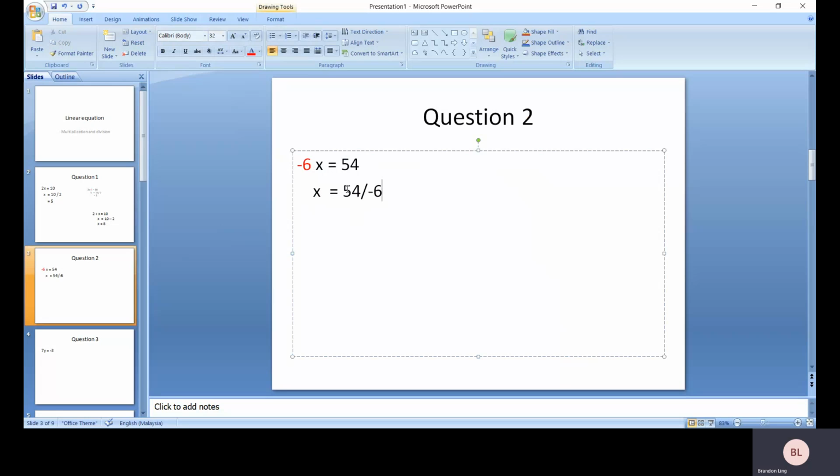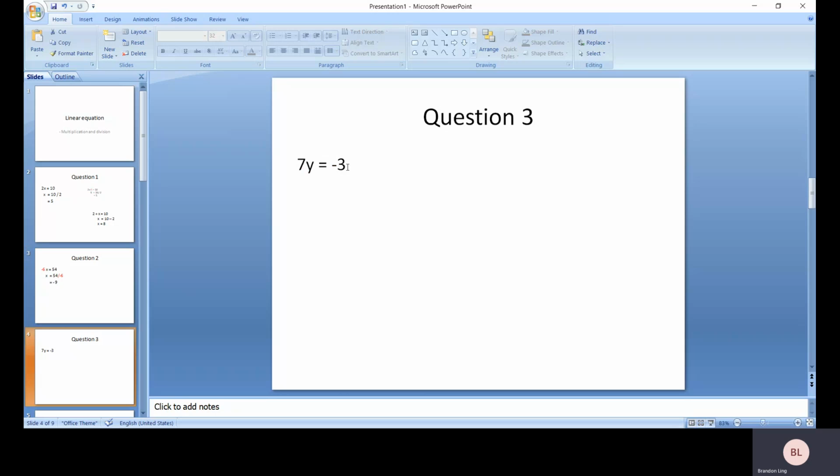So 54 divided by -6, when you press the calculator, you get the value of -9. That's the answer. You move -6 to the other side so that you get a division of -6. So 54 divided by -6, you get -9.